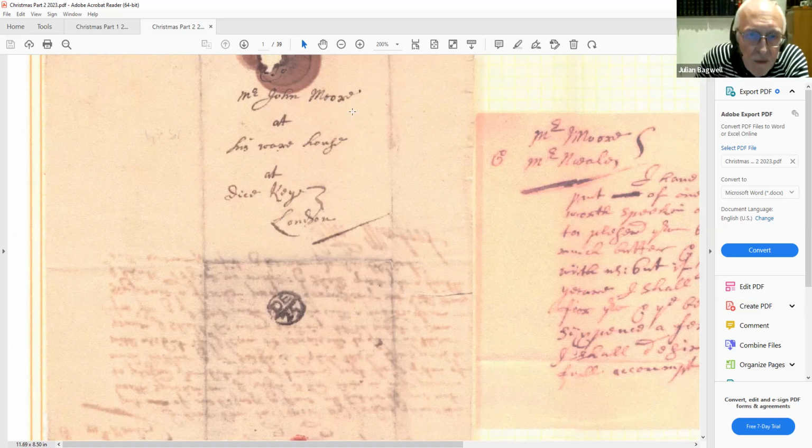I found his name on some documents at the time. And if he was a wine importer, he'd need a quay. And Dice Quay was basically along where Upper Thames Street is nowadays. But a very early item with a Christmas postmark on it.